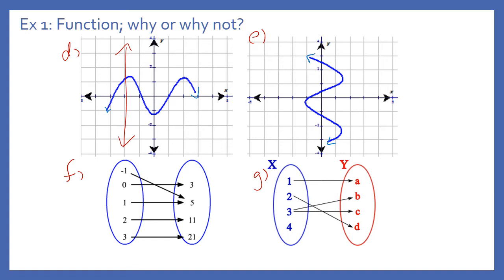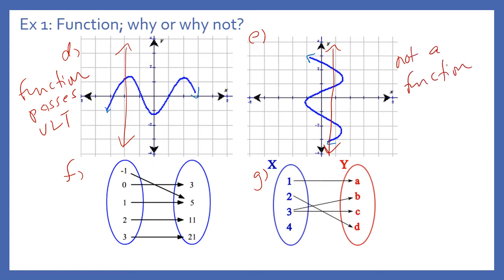So function, yes for y, passes vertical line test. E, straight edge, straight up and down. Already it hits it more than once, therefore not a function, and it does not pass vertical line test.